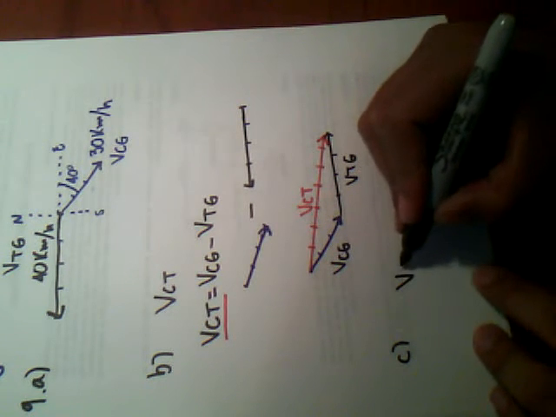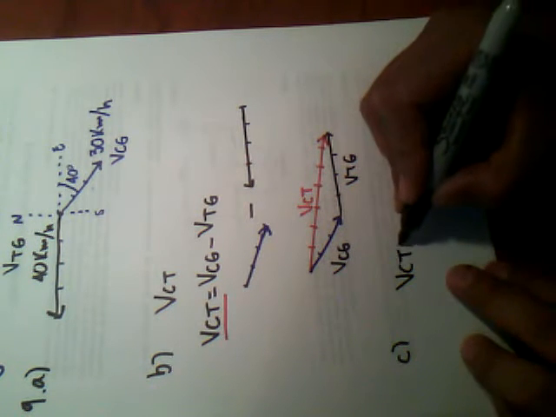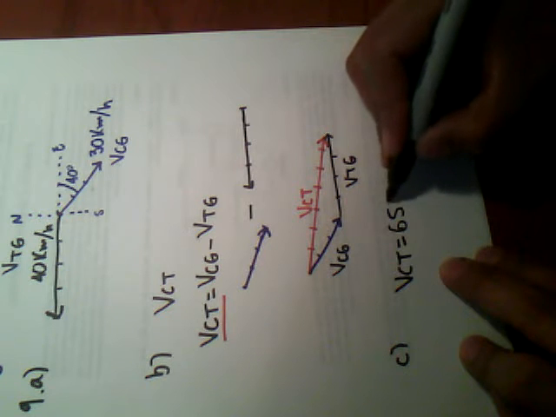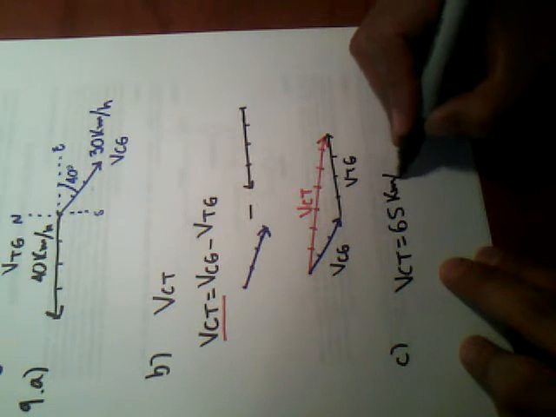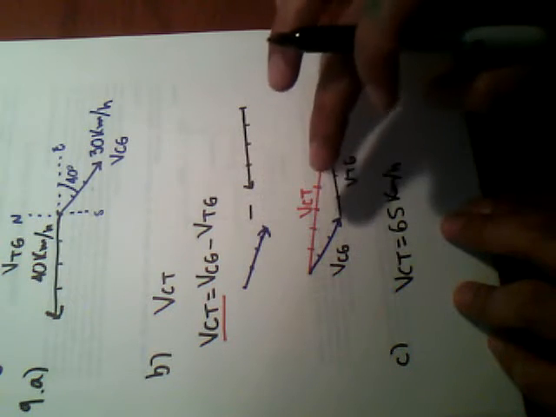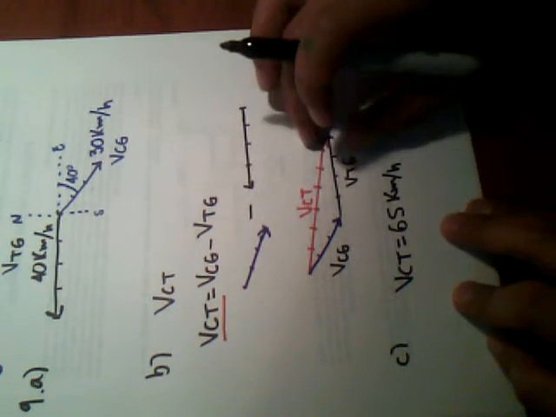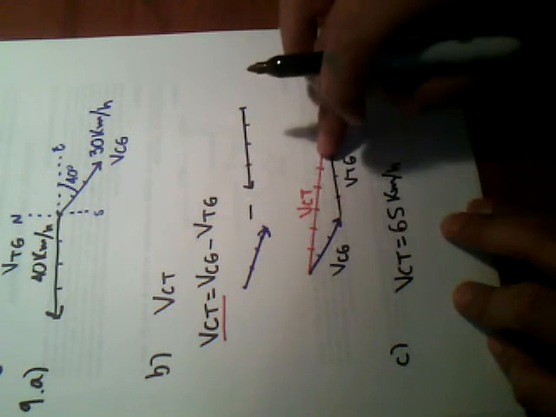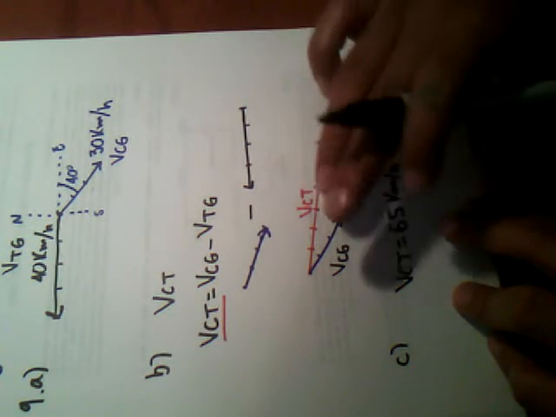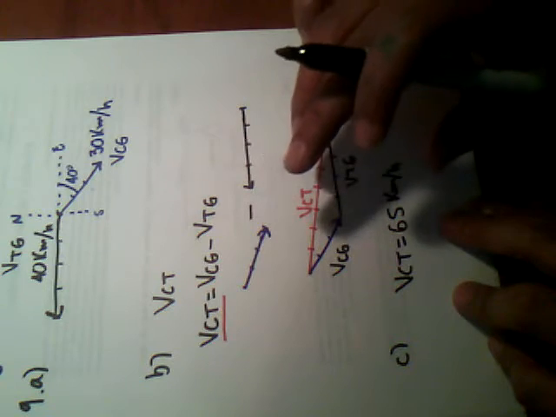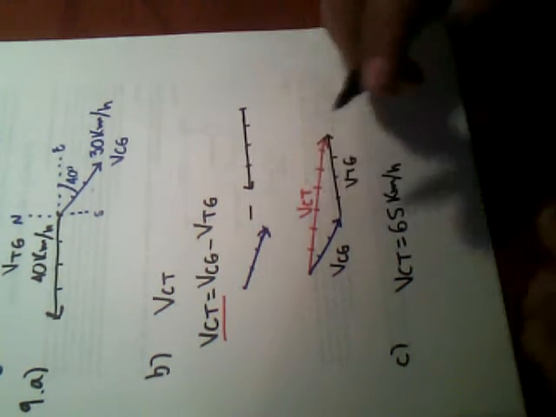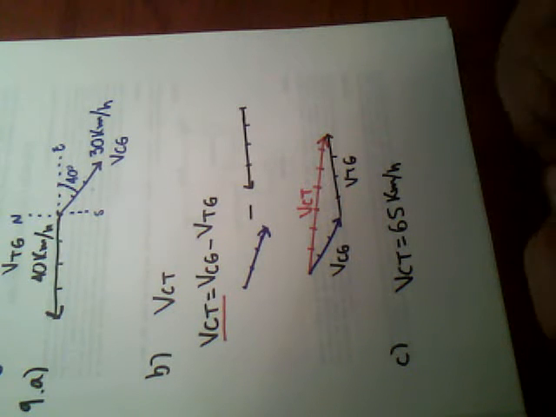The velocity of the car relative to the truck will be 65 kilometers per hour. The reason is that I measured 6.5 units. This 6.5 units just come from my diagram. They don't come from any calculation, from any maths that you're doing. You just draw and measure. That was the base of this problem.